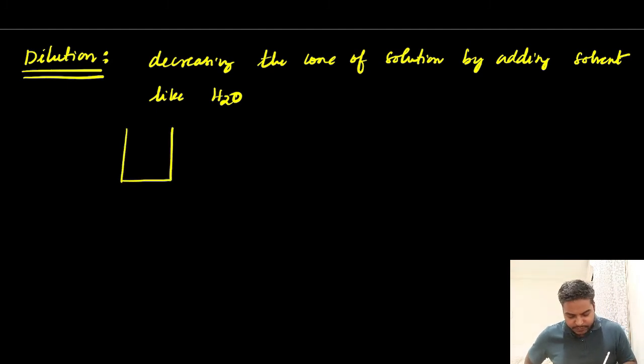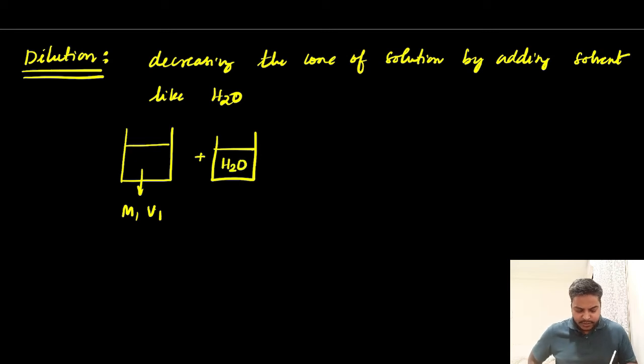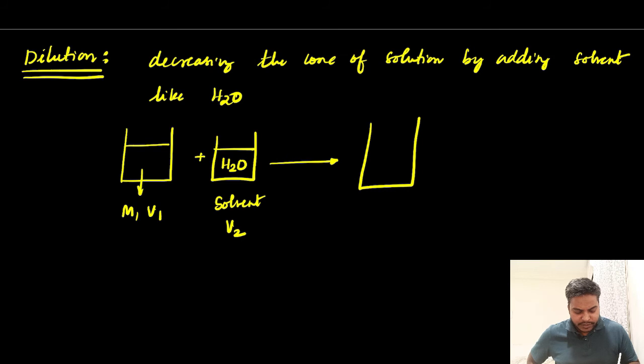Like I have a solution which has a molarity M1 and volume V1, and then we are trying to add something like water, let's say. So this is only solvent, and the solvent which I'm adding is V2 volume, and after adding, the volume of this entire solution increases, and the final volume will be V1 plus V2.